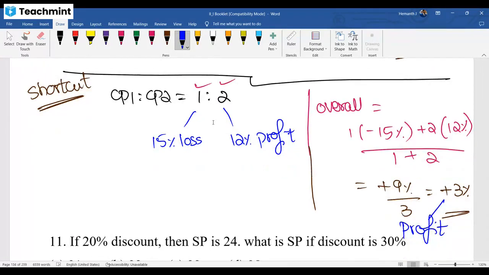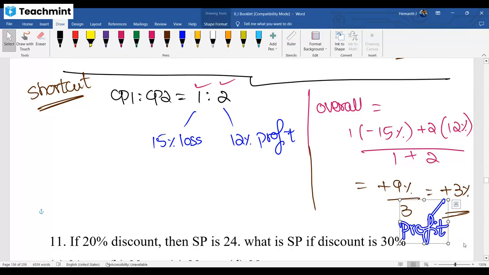Right. The next question is related to discount inputs. We need to give certain inputs for the discount before going to that question. So far we discussed profit and loss. Now discounts have also entered.